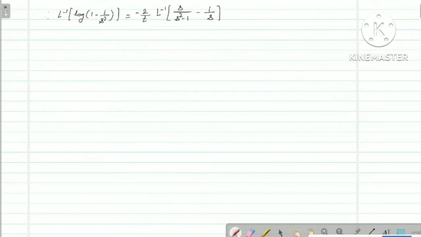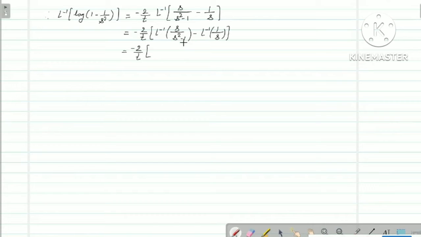Just close the bracket. So this equals negative of 2 by t, apply the inverse inside the bracket: L inverse of s upon s square minus 1 minus L inverse of 1 upon s. Okay, so this equals negative of 2 by t, and what is the inverse of this?